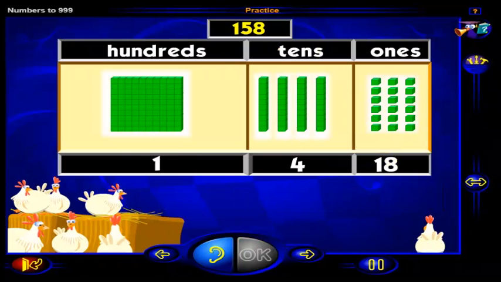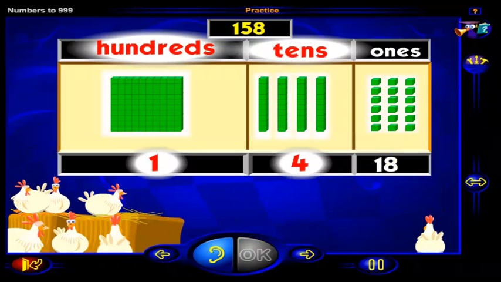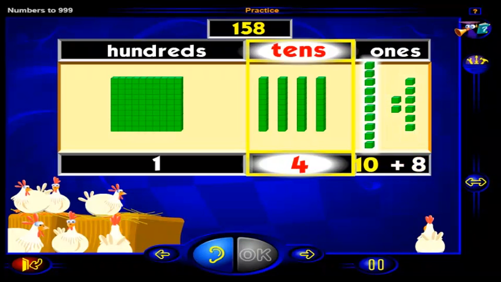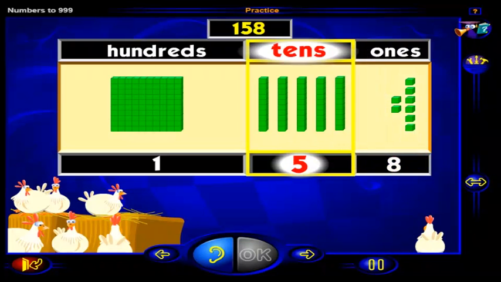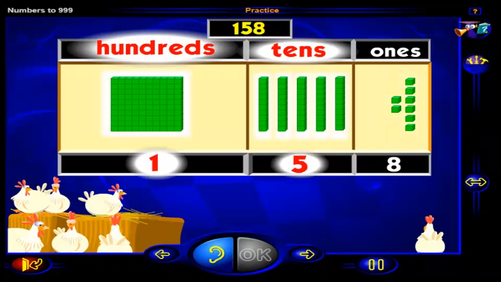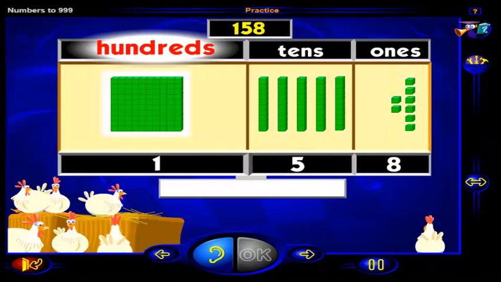These blocks show 100, 4 tens, and 18 ones. 18 ones is equal to 1 ten and 8 ones. So we can move these 10 ones into the tens place, giving us 5 tens. Now there is 100, 5 tens, and 8 ones. The value of the hundreds place is 100.